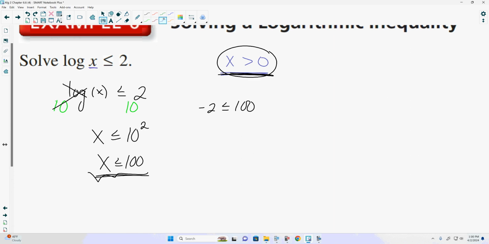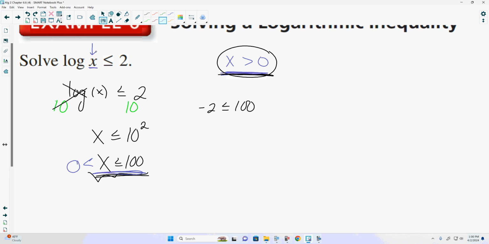Because numbers less than 0 are included in this part of the statement, x is less than or equal to 100, we have to add that back in. We have to prevent values that would cause the number inside the log to be 0 or negative from being part of the solution. Does that make sense?